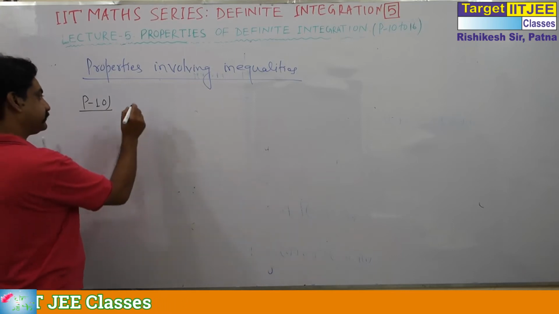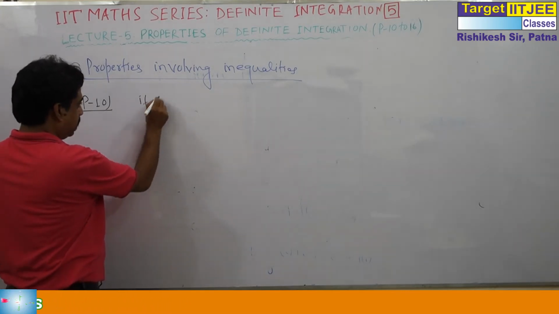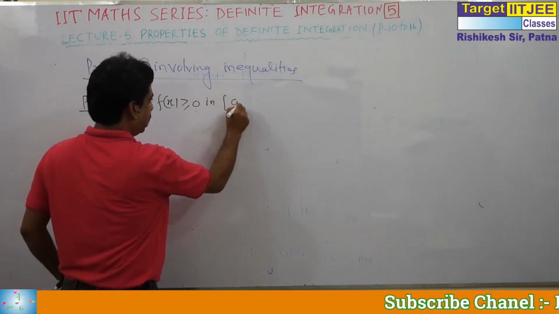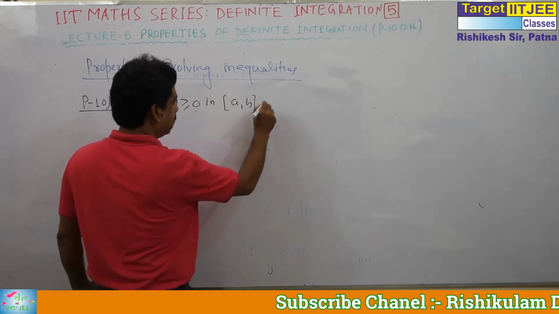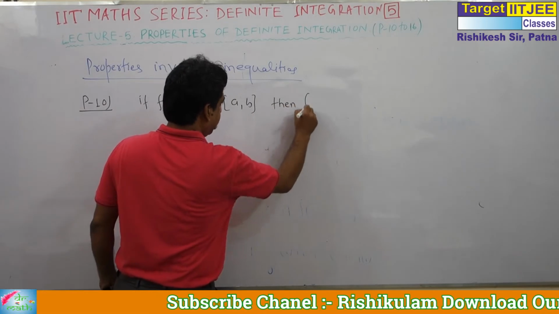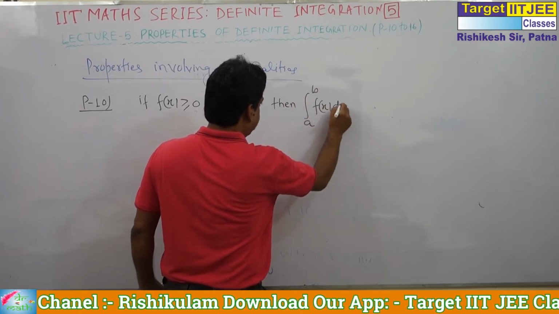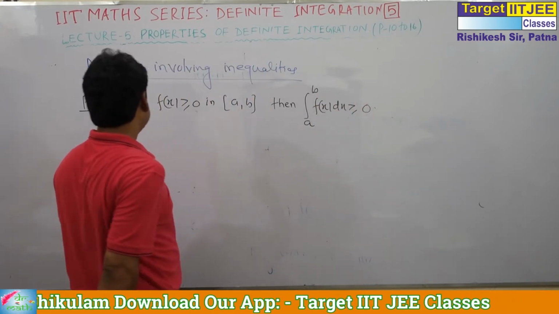See this one. If f(x) is greater than or equal to 0 in [a, b], then integral a to b f(x) dx is greater than or equal to 0.